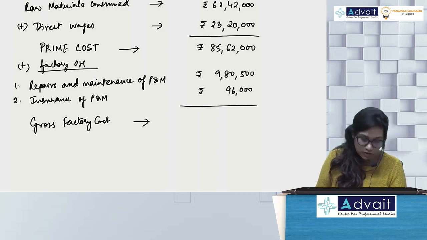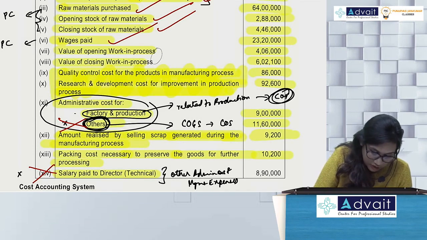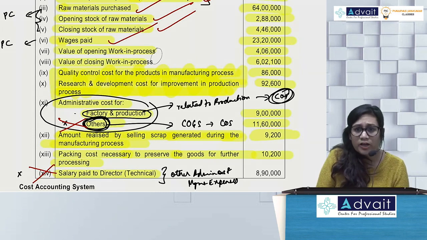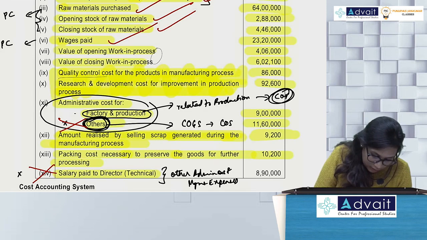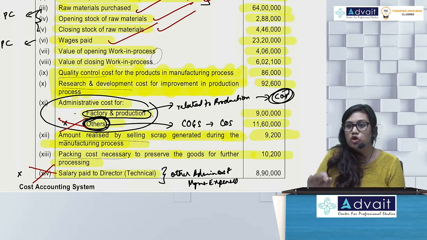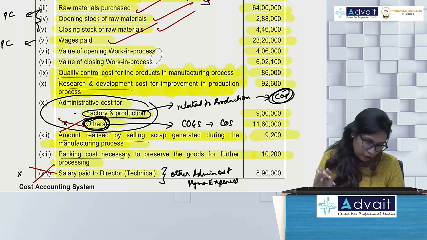Gross factory cost, correct? Because the only thing now I'm left with is adjustment of WIP, opening and closing. That I will do only after I have my gross factory cost in place. Quality control cost, research and development, administrative overhead, packing cost, all these are items to be adjusted to net factory cost to get my cost of production.